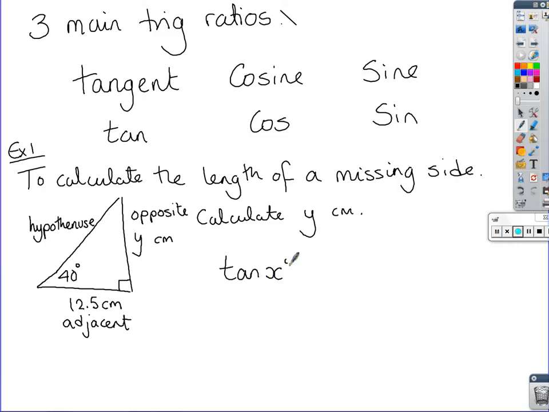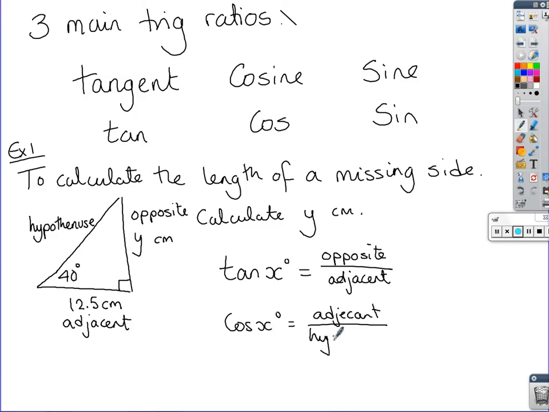So we have tan x, the tangent, equal to the opposite over the adjacent. We have cos x equal to the adjacent over the hypotenuse. And we've got sin x equal to the opposite over the hypotenuse.